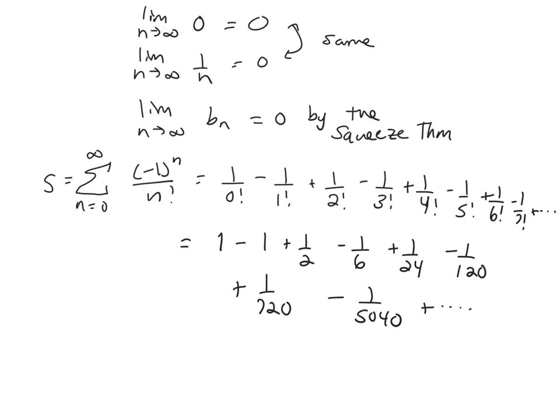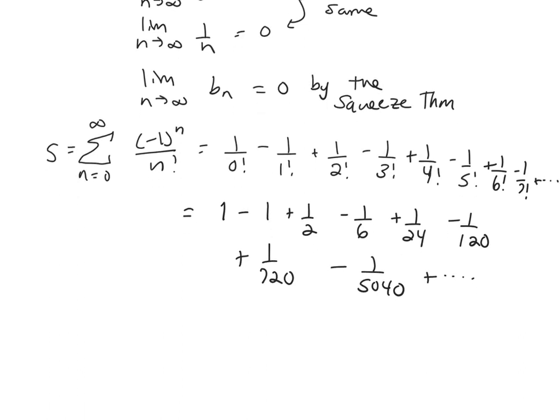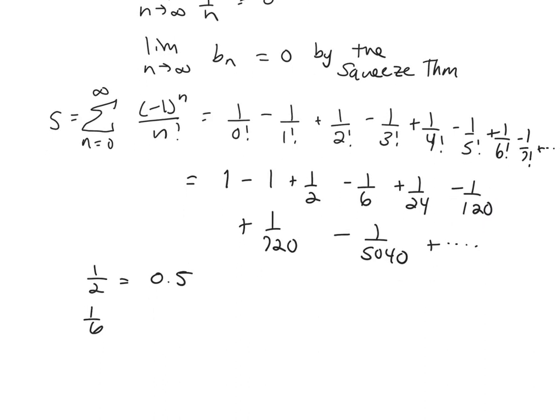Okay? So 1 is too big, -1 is too big. And really, we're only worried about the number, not the negative or positive. So 1/2, that's 0.5. 1 over 6, it's 0.166 repeating.